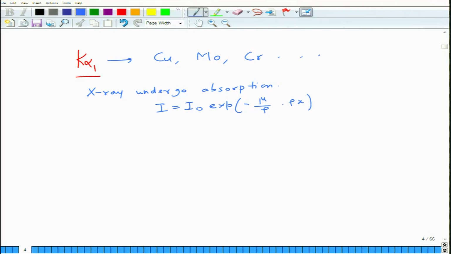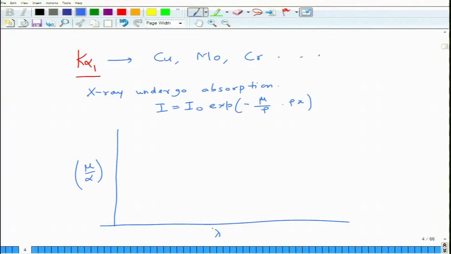This is the mass absorption coefficient, mu by rho. So we plot the mass absorption coefficient as a function of wavelength, then typically it shows behavior which is like this.